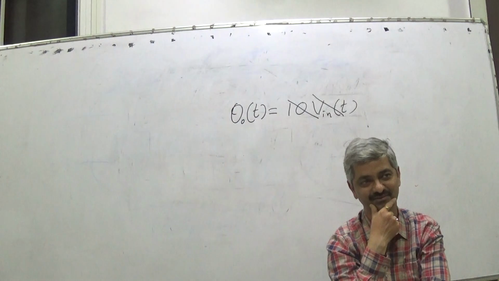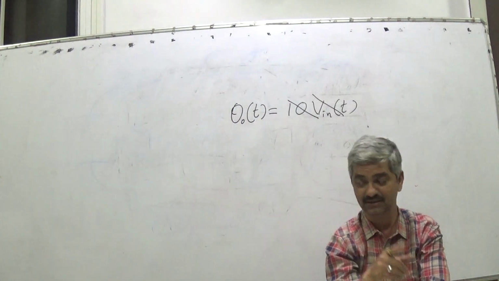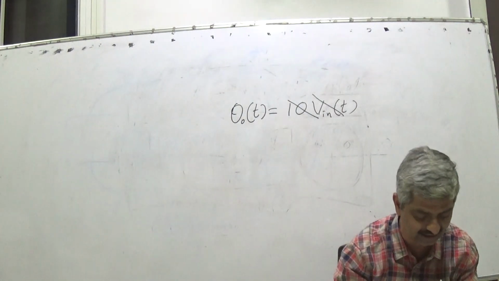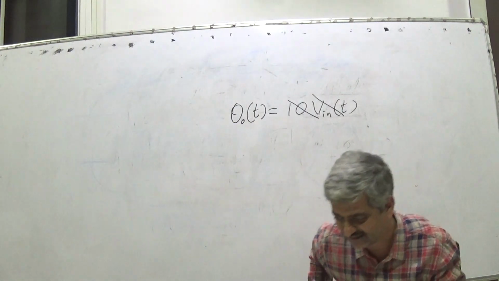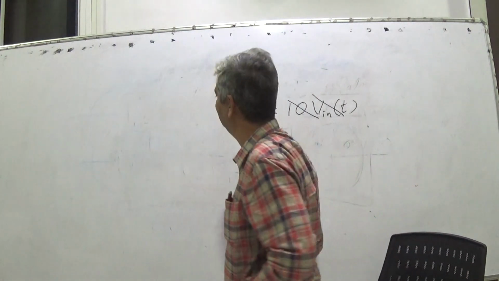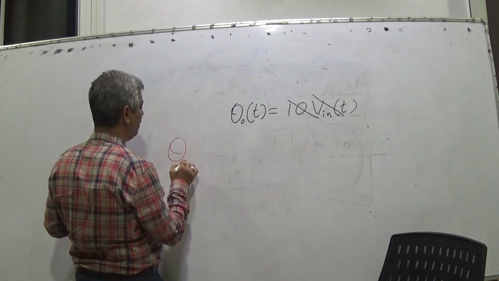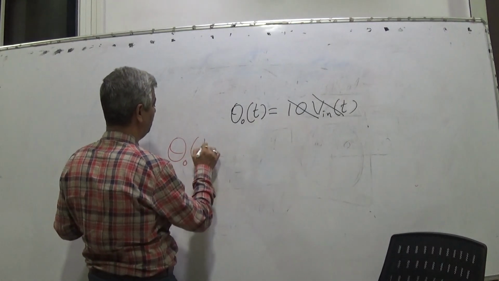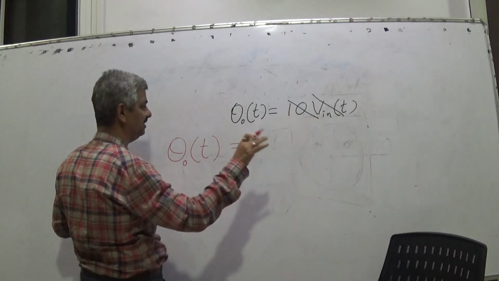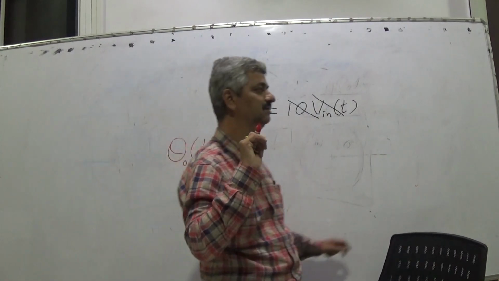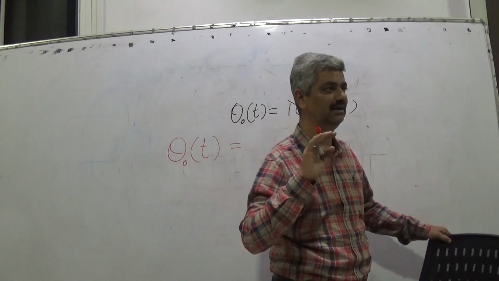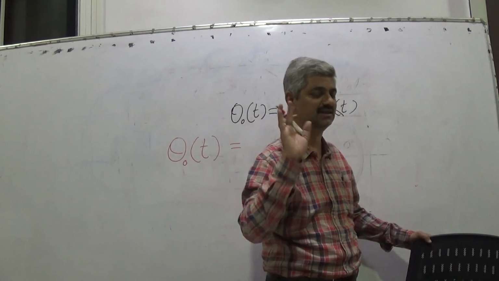Then I will ask, if this can't be an equation, will this be a correct equation? θo(t), what we said initially, being a cause-effect relation, can't be instantaneous.